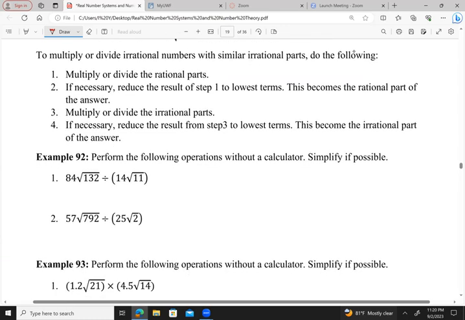So I'm looking at 84 times the square root of 132 divided by 14 times the square root of 11.